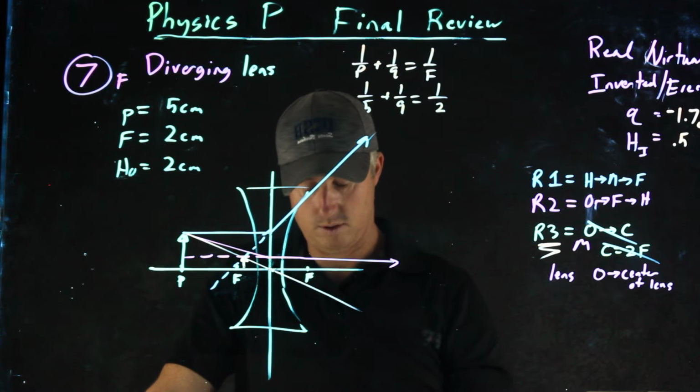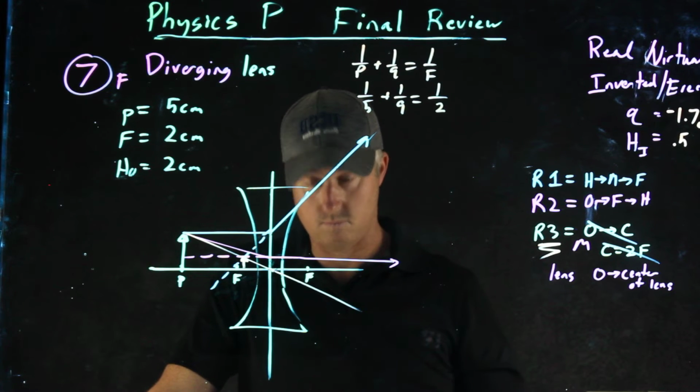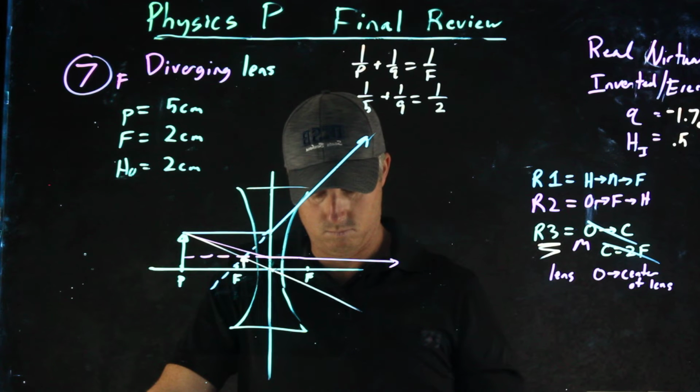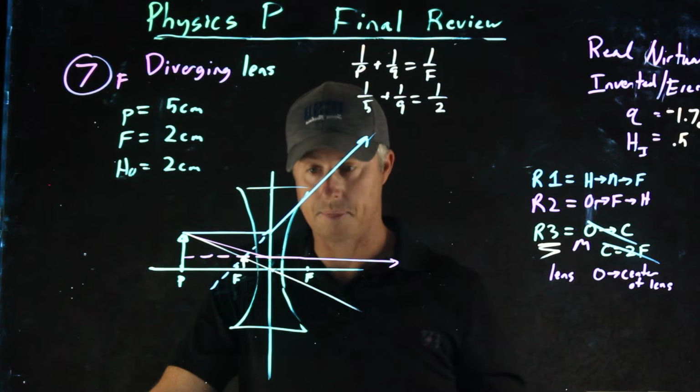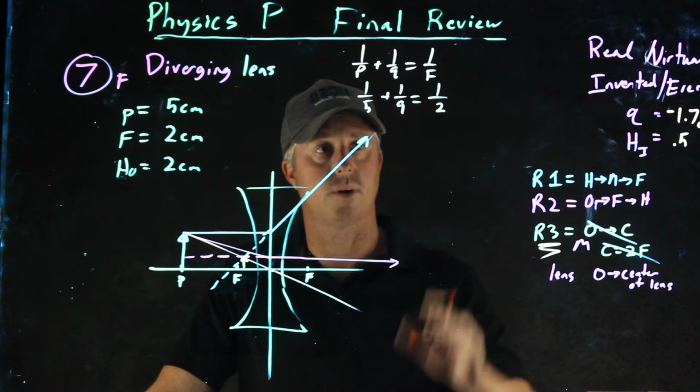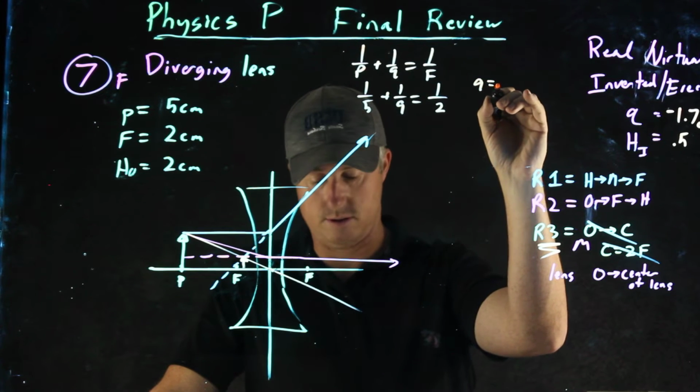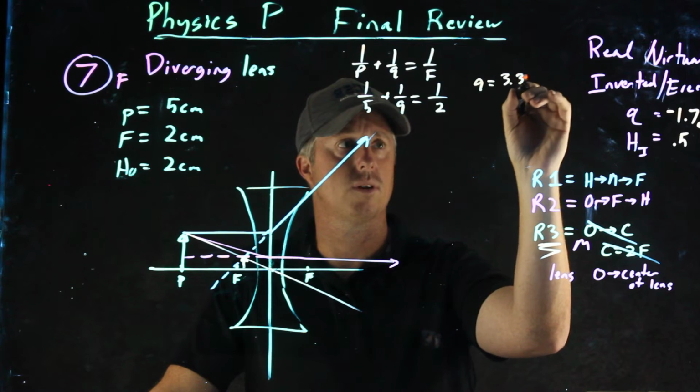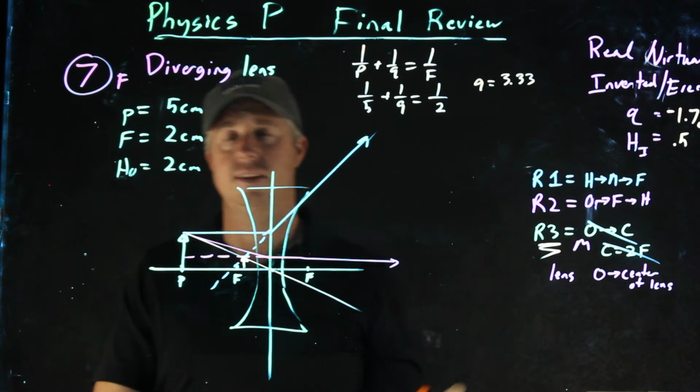Okay. So if I set it up this way, I get a Q of 3.33. Well, that didn't match my work.